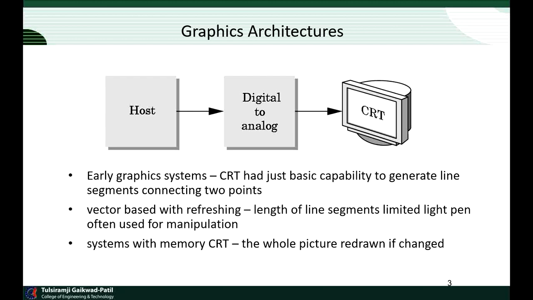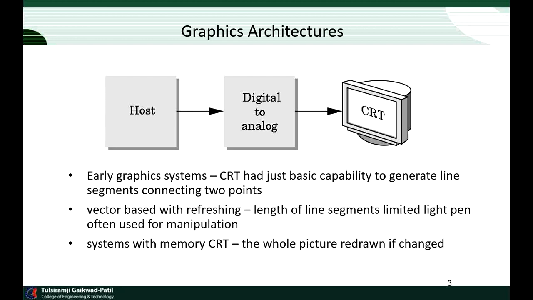In early graphic systems, CRT had just basic capability to generate a line segment connecting two points, vector based refreshing, with the length of line segment limited, and a light pen often used for manipulations. CRT is nothing but a cathode ray tube. If changes are made to the whole picture, they will be reflected on the screen.